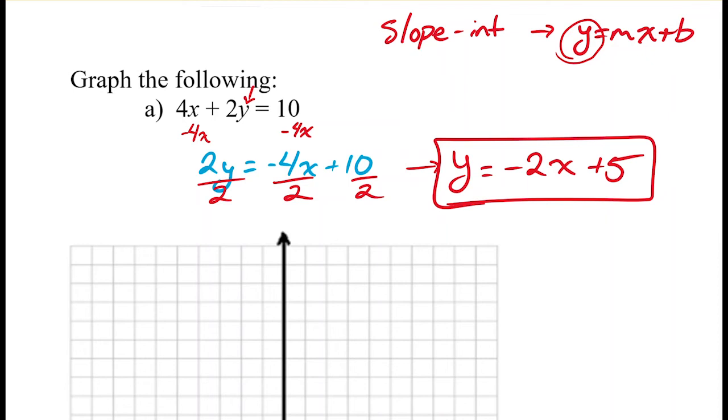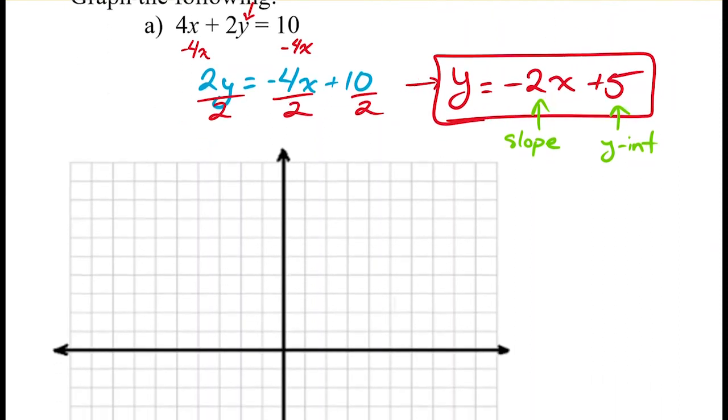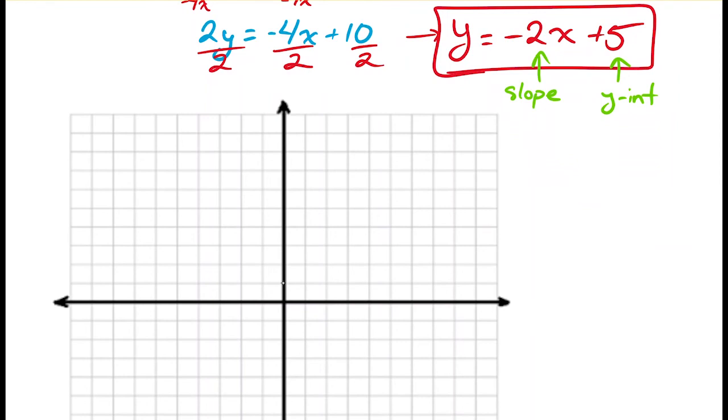Well, what's going on here? Looks like we have a slope of negative 2, and we have a y-intercept of positive 5. So if we want to graph this, that's no problem at all. We got to start at the y-intercept. So we'll start at a y-intercept of positive 5, and our slope means go down 2 over 1.